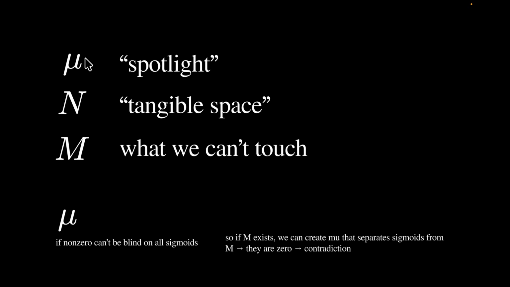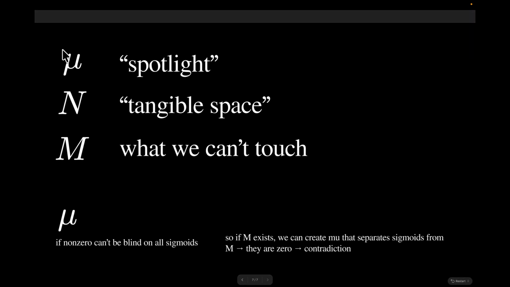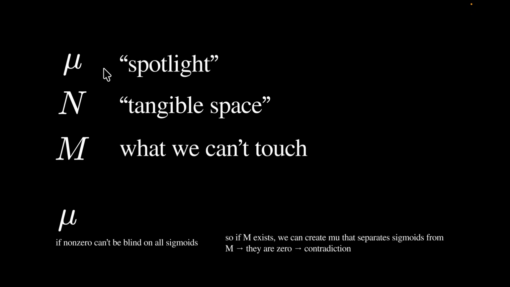Those cannot be separated by a spotlight unless the spotlight is zero. And then we say that if mu can approximate the tangible space but cannot approximate this intangible space, let's call it that, then due to the other theorem, there exists a different mu that actually separates this intangible space from our tangible space.